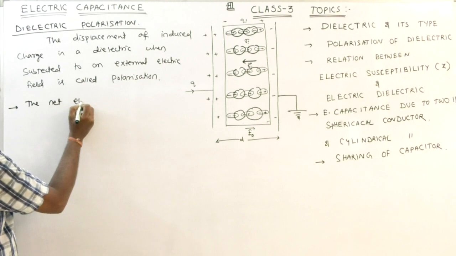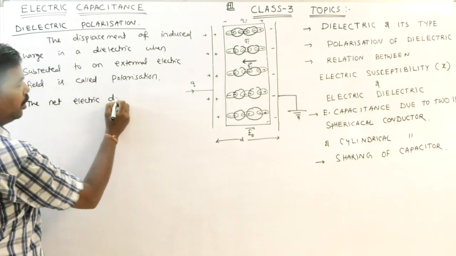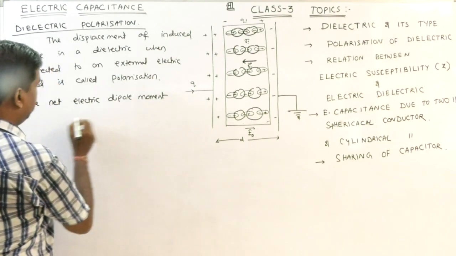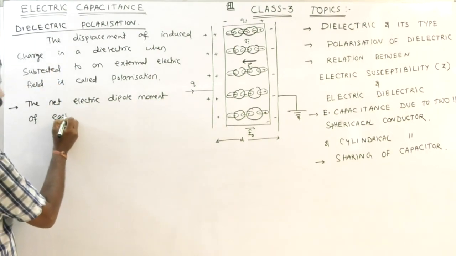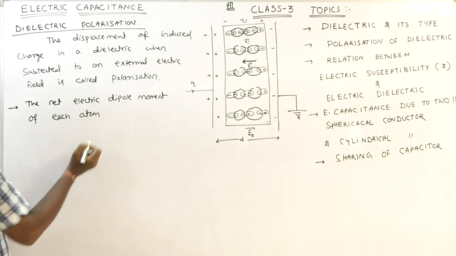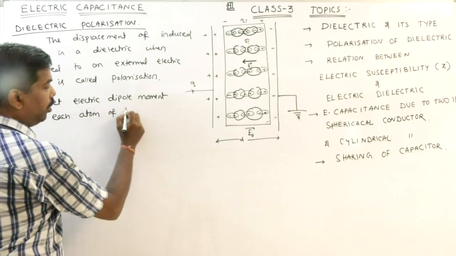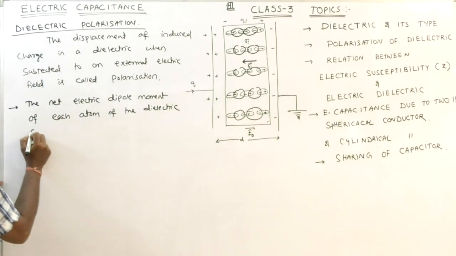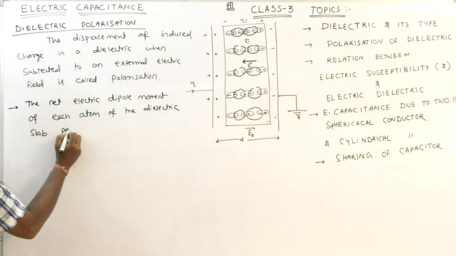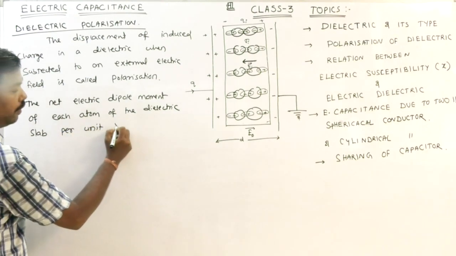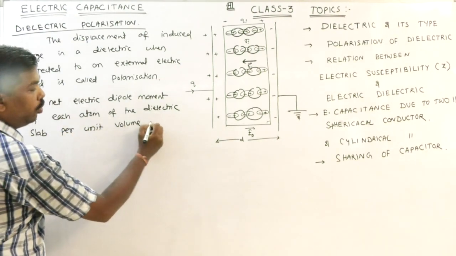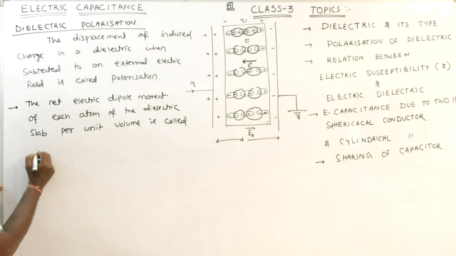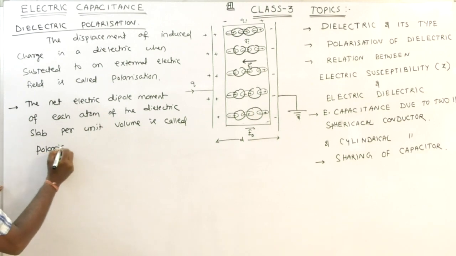The net electric dipole moment of each atom of the dielectric slab per unit volume is called its polarization density.